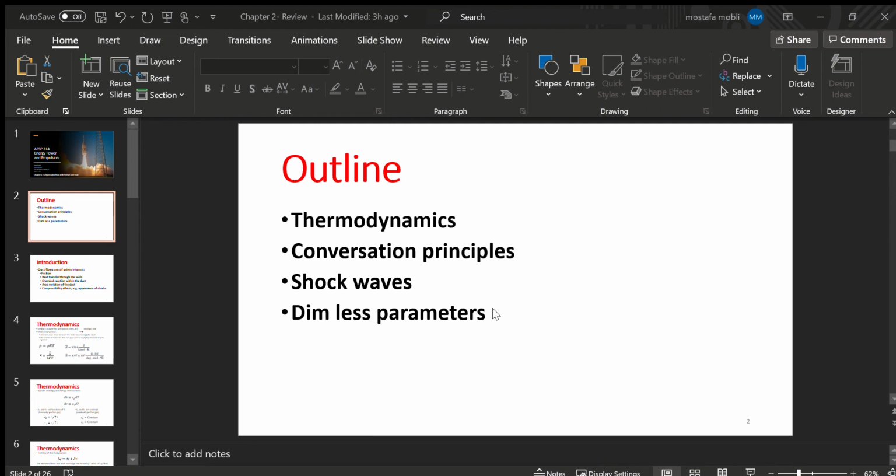If you are moving at higher than the speed of sound, you're in supersonic conditions. If you're moving lower than the speed of sound, you are in subsonic conditions. But then the question is, what is the main difference between the supersonic condition and the subsonic condition?